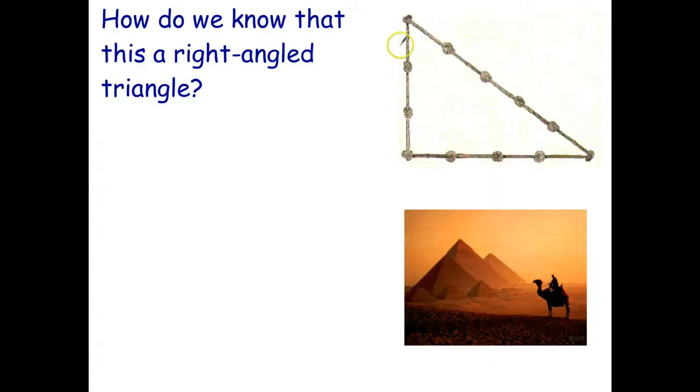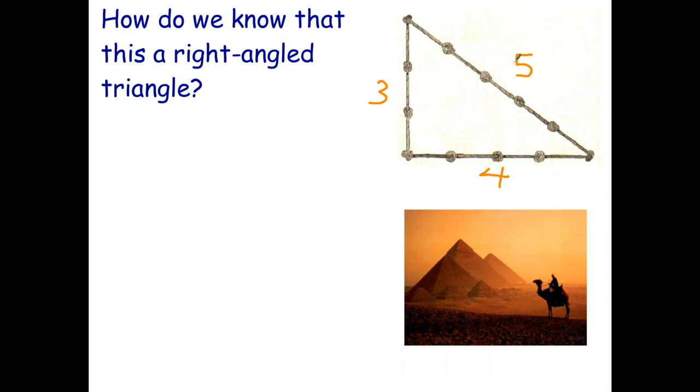So first off, we need the side lengths. Well, 1, 2, 3. 1, 2, 3, 4, and 1, 2, 3, 4, 5. So those are each 3, 4, and 5 units long.